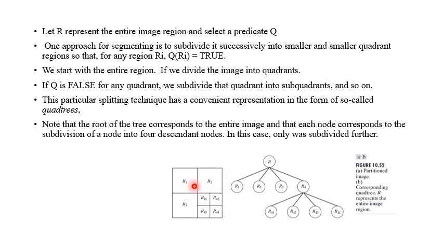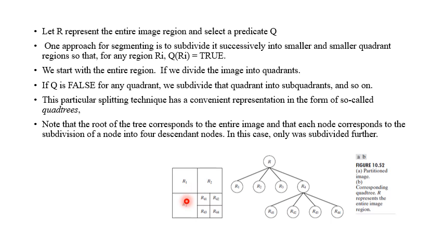So after splitting, I may go for merging; for example, R2 and R41 can be combined to form one region. Then R43, R44 and R3 may be merged to form one more region. So this is splitting. Then if you ask me what merging is, based on some criteria, I may have to merge them again.